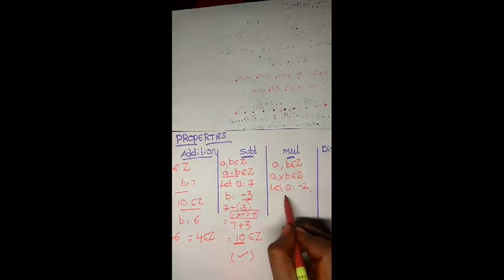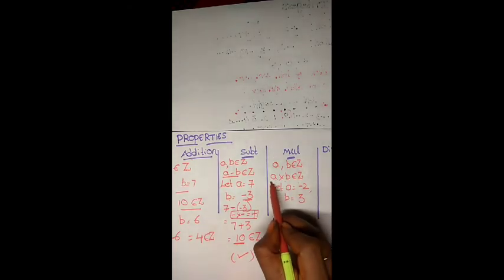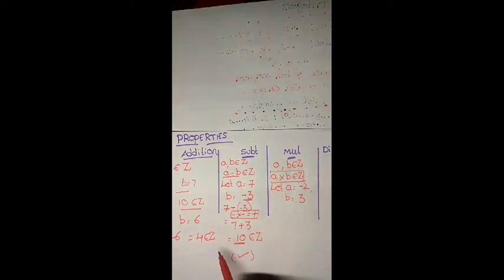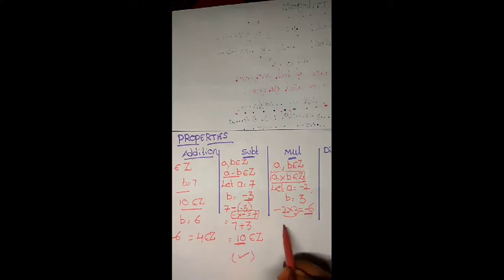So let us take a as minus 2 and b as 3. Now substitute these values in a cross b. Minus 2 into 3 gives, here one is positive, the other is negative. So 2 into 3 gives 6 and minus into plus gives minus. So minus 6 belongs to Z.